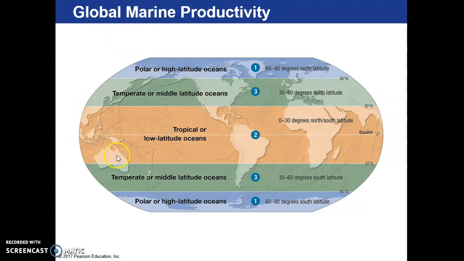Our tropical oceans come in second place, even with the warmth, because of upwelling. Remember, all along the west coast of the continents, we get these huge areas of upwelling because of the direction the currents are going. So they come in second place because of that feature of upwelling.